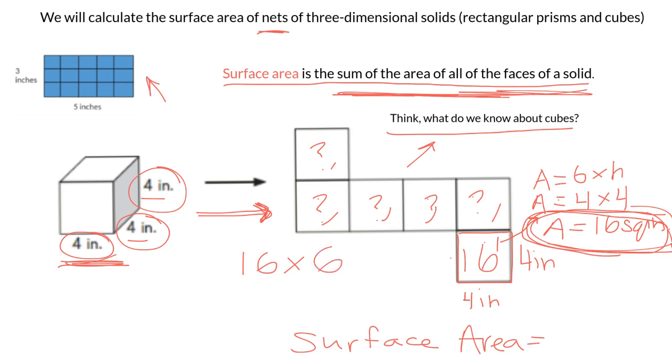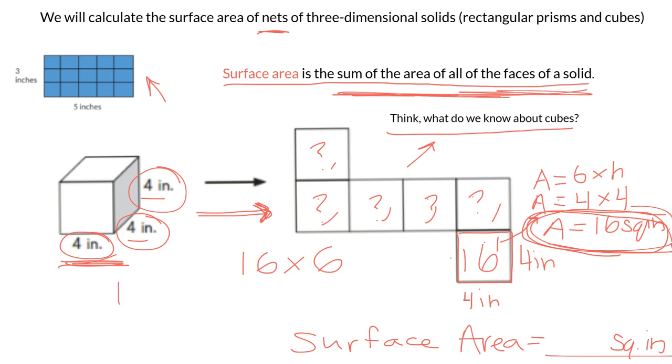So to multiply 16 times 6, that will give me my total surface area. And I am going to, again, remind you that because this is flat, we're finding the surface area of a net, or we're just finding area, it is going to be in square inches, not in cubic inches. Remember, we're not finding volume, we're finding area.